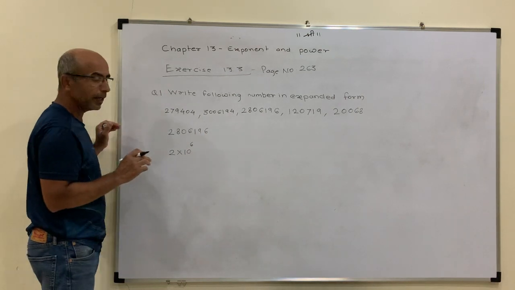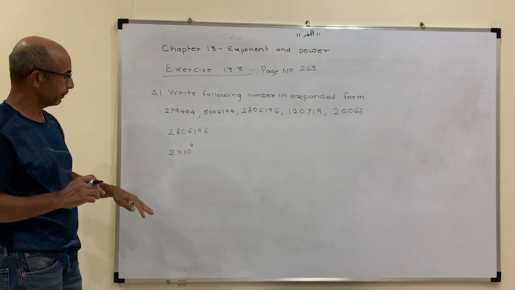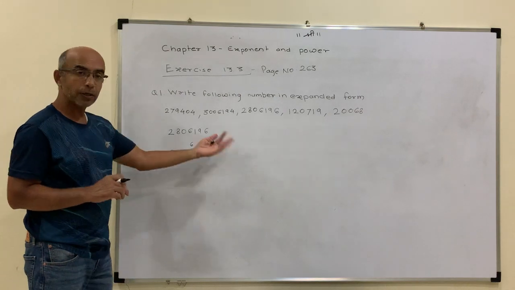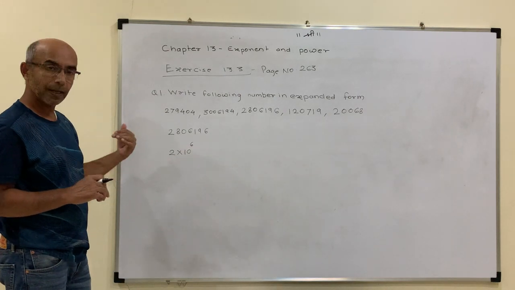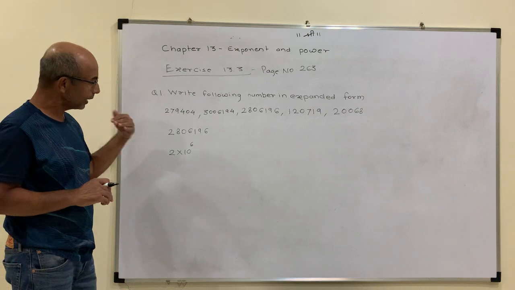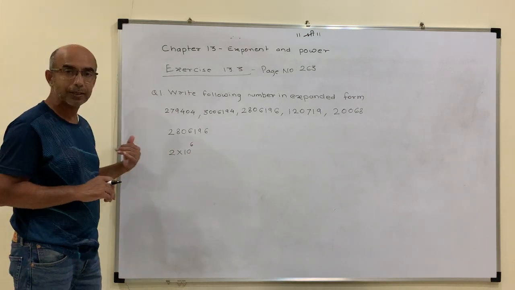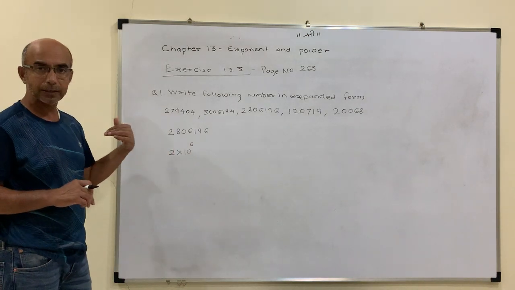You have to be a little careful when you write the first one. Once you write the first one, on the next one you are always decrementing it by 1, or you can say the power decreases by 1.